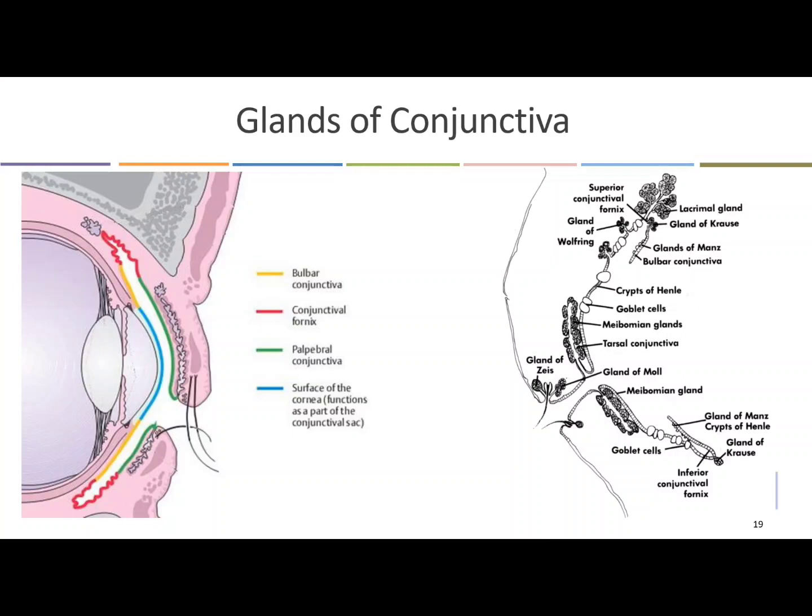Second, glands present in the palpebral conjunctiva: glands of Wolfram found in the tarsal conjunctiva help for accessory tear secretions. Crypts of Henle are found in the orbital conjunctiva. These help with the horizontal folds of the mucous membrane in the orbital region. And glands present in the bulbar conjunctiva are glands of Manz. These are arranged in a ring around the cornea.